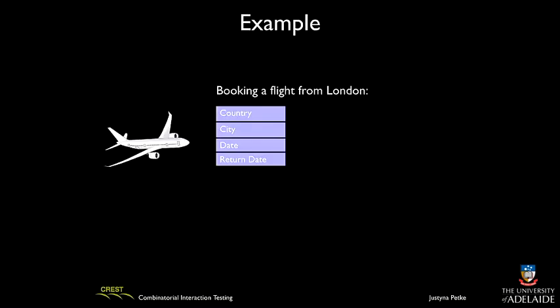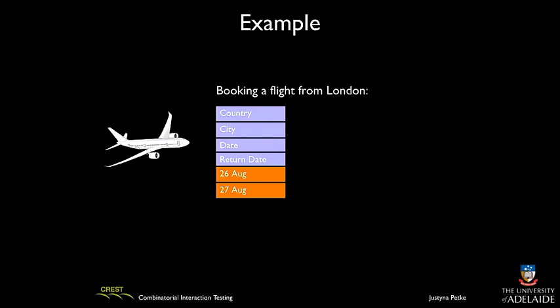Let's look at an example. Let's say we want to book a flight from London, we want to go on holidays to Spain, and we're not entirely sure where we want to go, so maybe Barcelona or Madrid. That's 2 options here. And we want to go there for roughly a week, but we might leave on either the 20th of August or the 21st of August, and we return maybe on the 26th or 27th of August.